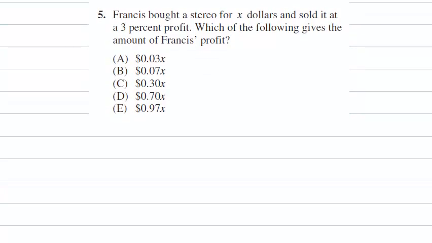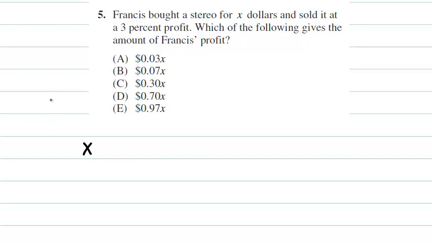Here's a problem from another College Board 2004 practice test. Francis bought a stereo for X dollars and sold it at a 3% profit. Which gives the amount of Francis' profit? Well, if he bought it for X dollars, we're looking for 3% of that.